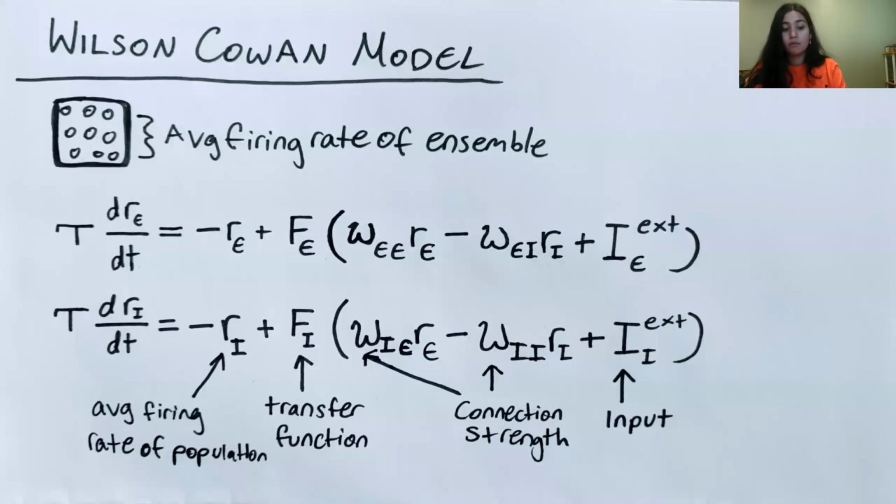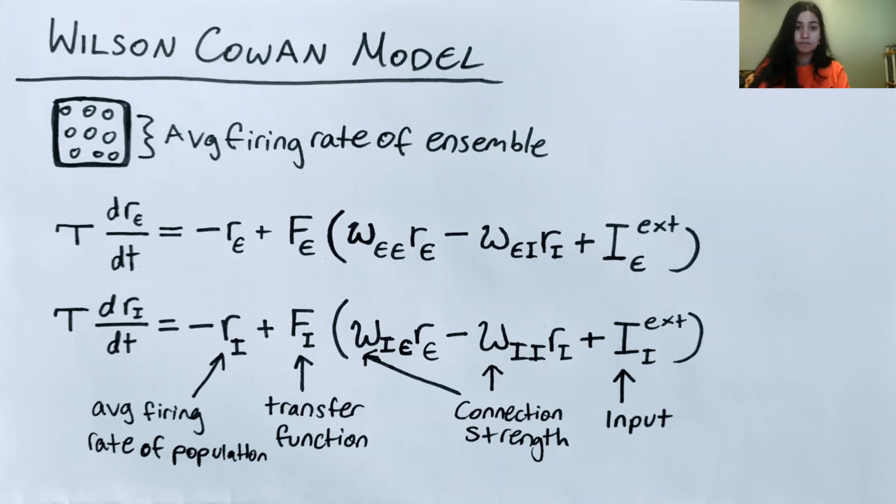So now a more brain-specific model is something called a Wilson Cowan model. The simplest type of Wilson Cowan model is one that has two populations of neurons, one being excitatory and one being inhibitory. But we aren't really interested in the individual firing patterns of the neurons in this kind of model.